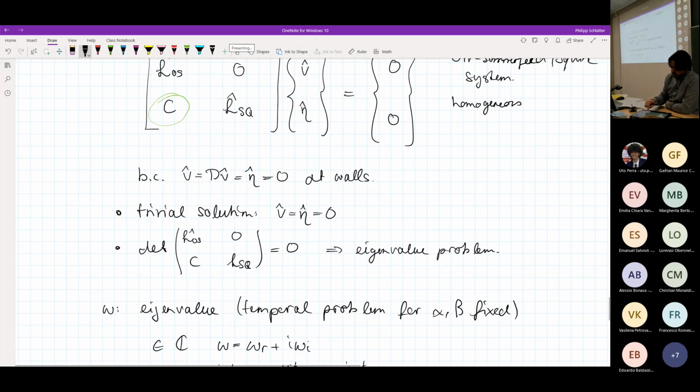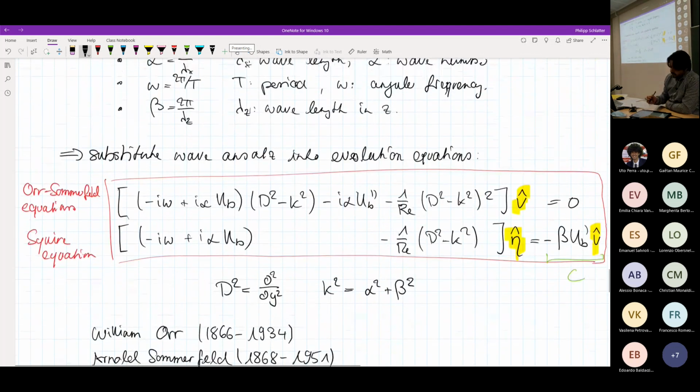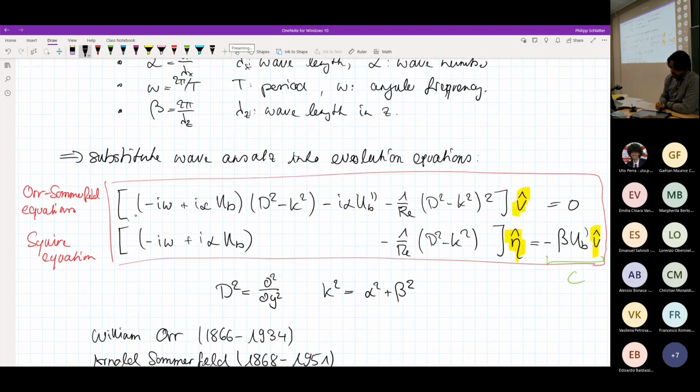So just go back to the definition of the Squire operator and the Orr-Sommerfeld operator. What we need to know here is, the base flow, of course. Then we need to know the Reynolds number, and we need to know alpha, and maybe a beta, which is hidden in the k squared. So we can then formulate the Orr-Sommerfeld operator and the Squire operator.